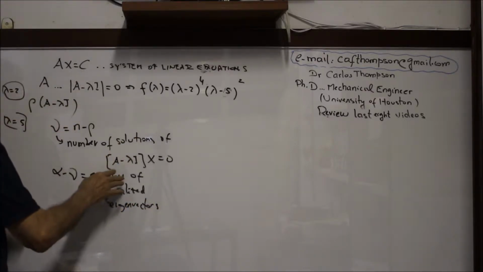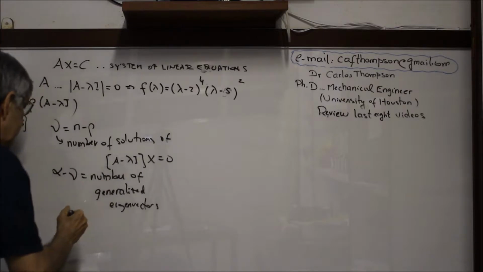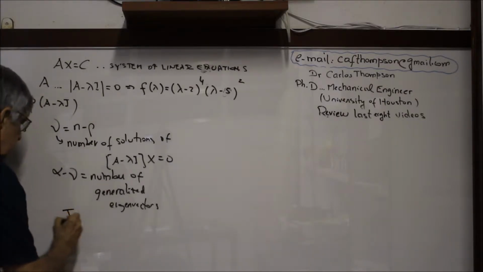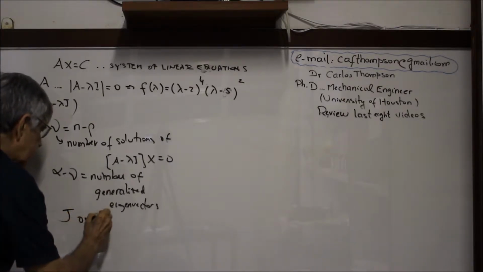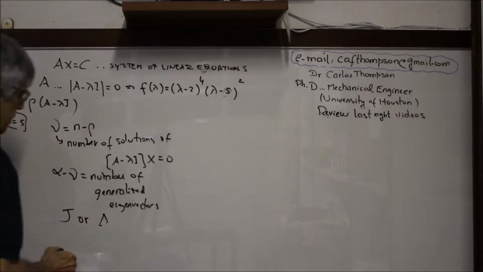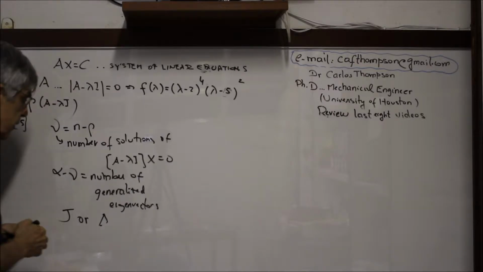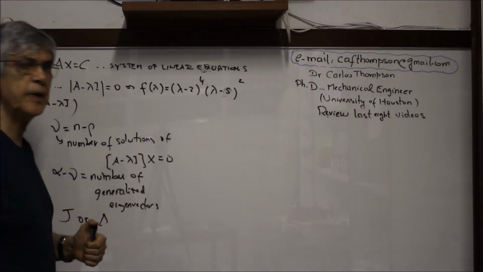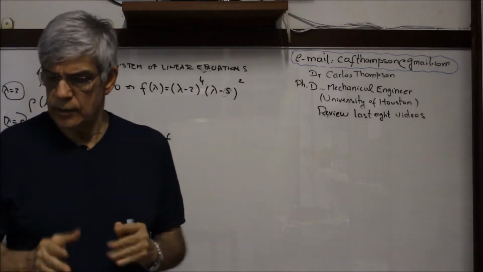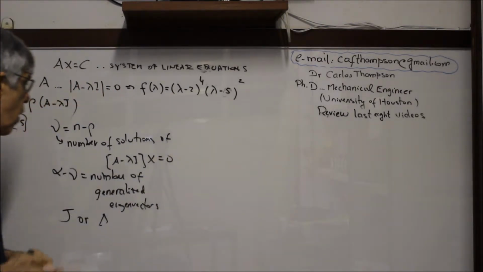Without calculating them, we can build matrix J, or matrix lambda. Sometimes I can obtain lambda even if you have multiplicity higher than 1, as we saw before.